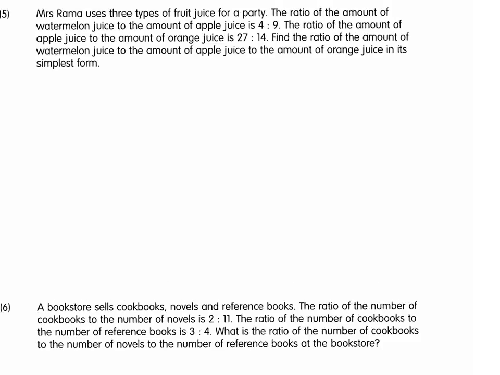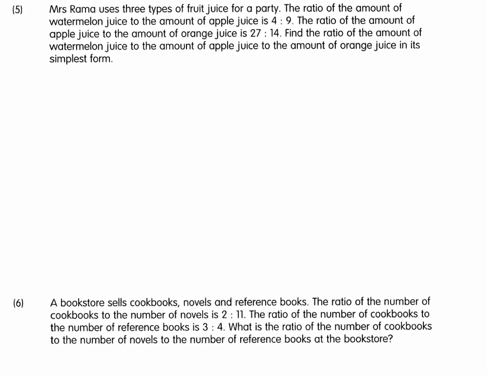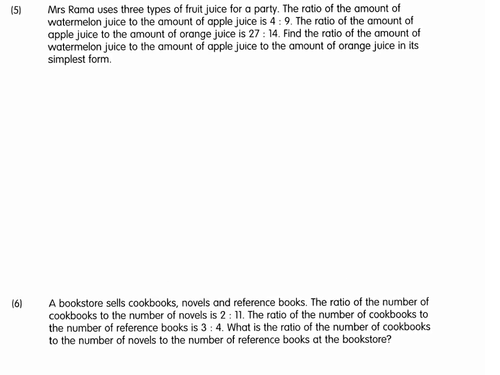Okay. Mrs. Rama uses 3 types of fruit juice for a party. The ratio of the amount of watermelon juice to the amount of apple juice is 4:9. So watermelon to apple 4:9.